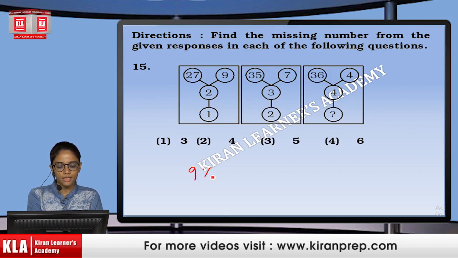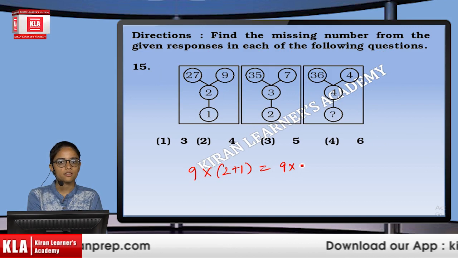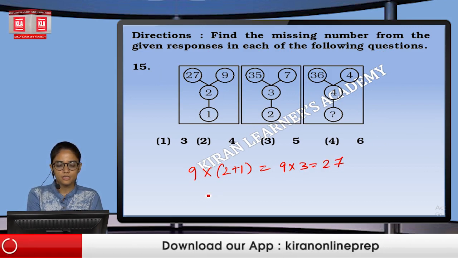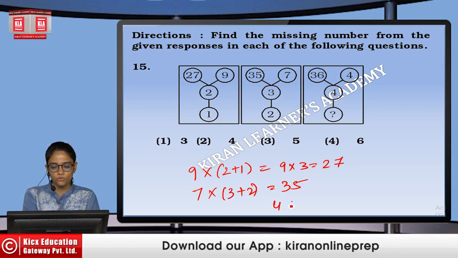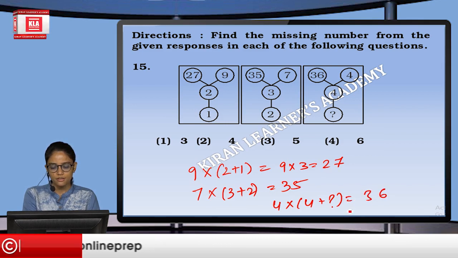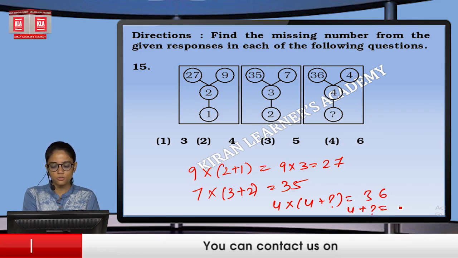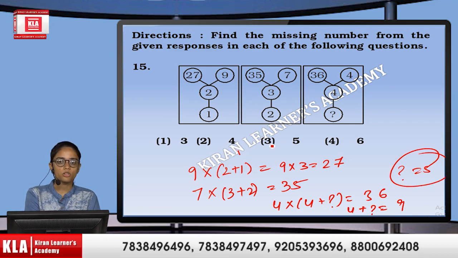If we multiply 9 into 2 plus 1, that will give you 9 into 3. That is 27. Similarly, 7 into 3 plus 2, that will give you 35. And 4 into 4 plus question mark should be equal to 36. That means 4 plus question mark should be equal to 9. That means question mark is equal to 5. That is option number 3.